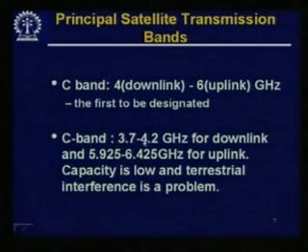The C band is from 3.7 to 4.2 gigahertz. This particular part of the spectrum is reserved for C band communication through satellite. So 3.7 to 4.2 gigahertz is for downlink, and 5.925 to 6.425 gigahertz is for uplink.